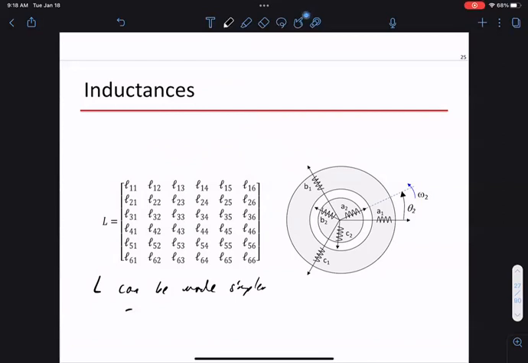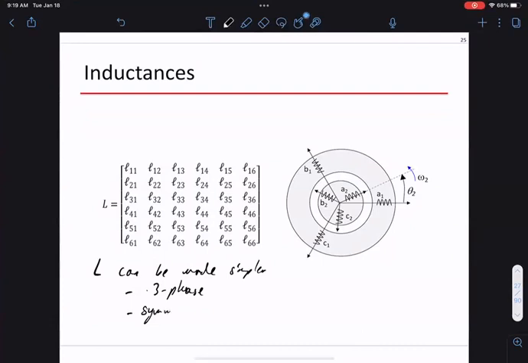Everything is 3-phase. So these numbers are not arbitrary numbers that pop up. So that knocks down a bunch of numbers. Basically, you don't have to deal with 6 by 6 anymore. Hopefully, you can replace this by a single phase equivalent.